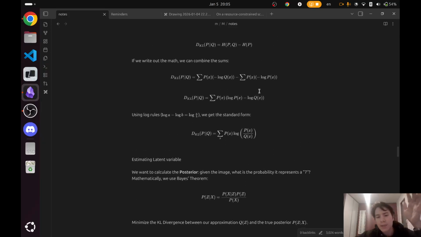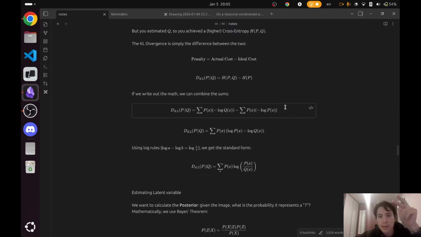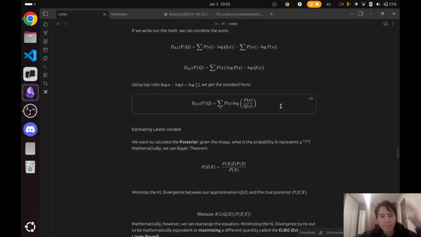You can also interpret it the other way: the cross entropy is the sum of the KL divergence and the entropy.